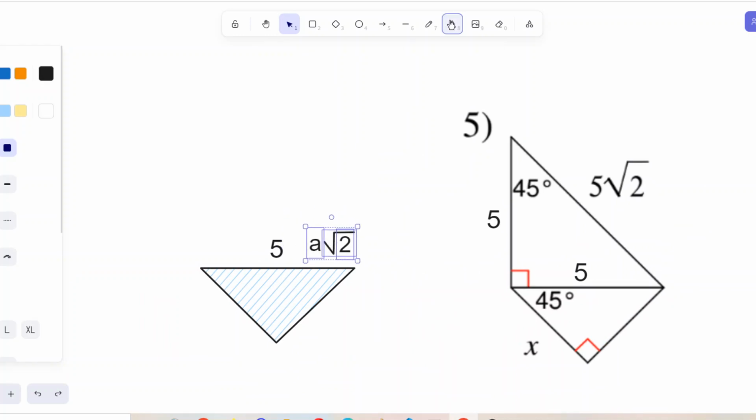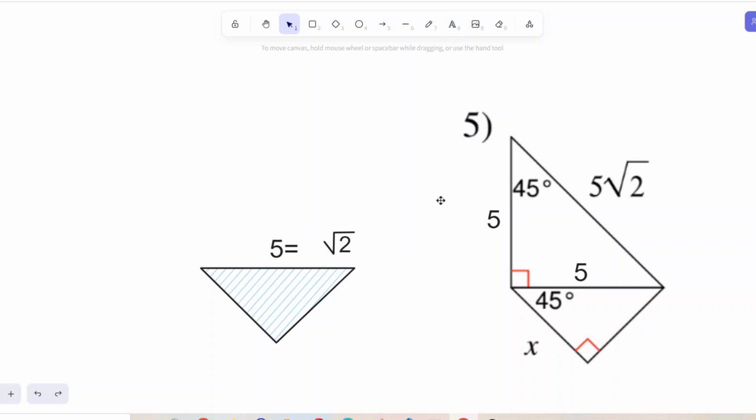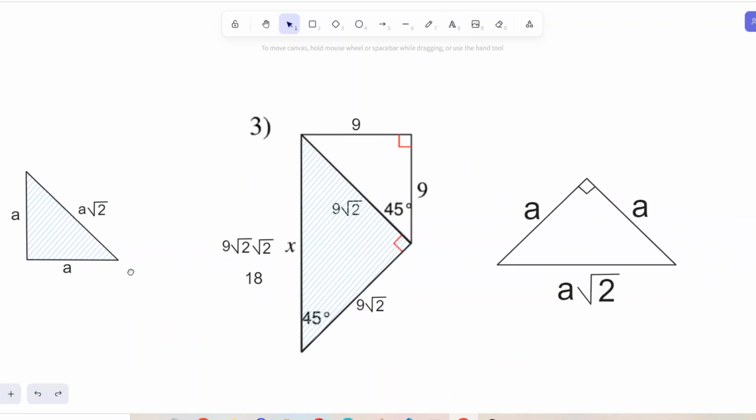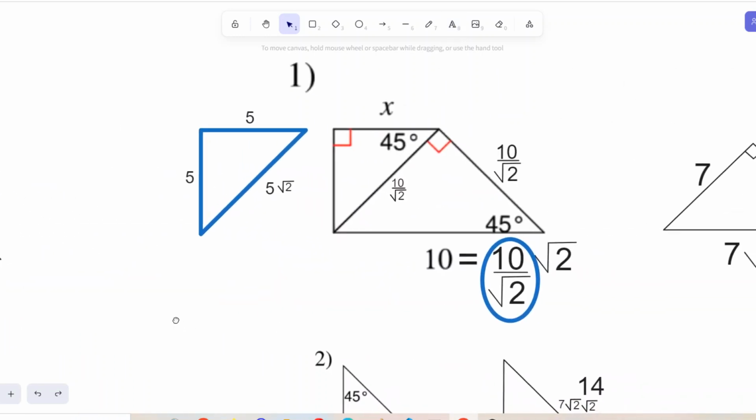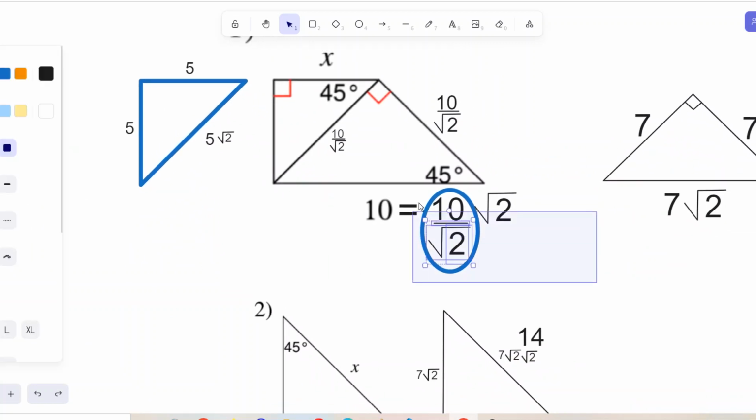So 5 equals what times root 2? 5 over root 2, right? Because 5 over root 2 times root 2, the root 2 would cancel, and you'd be just left with 5.